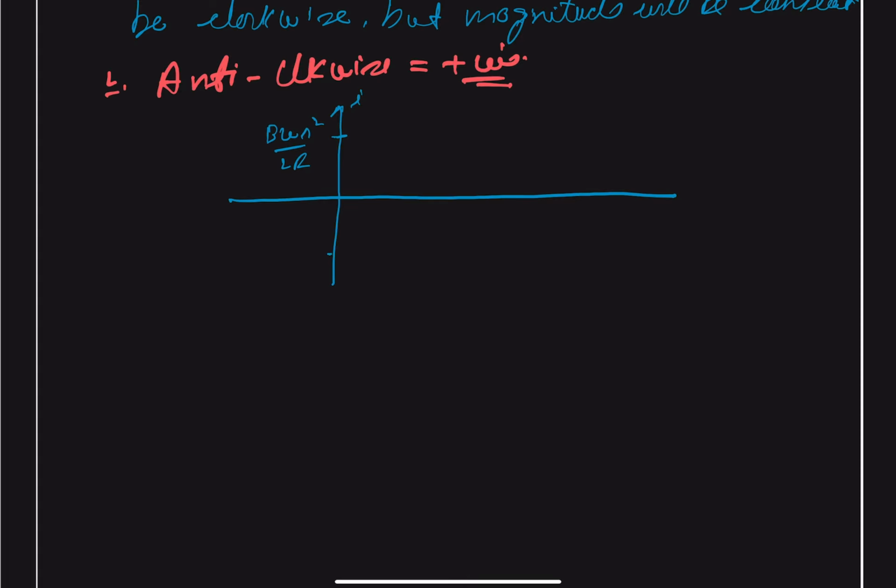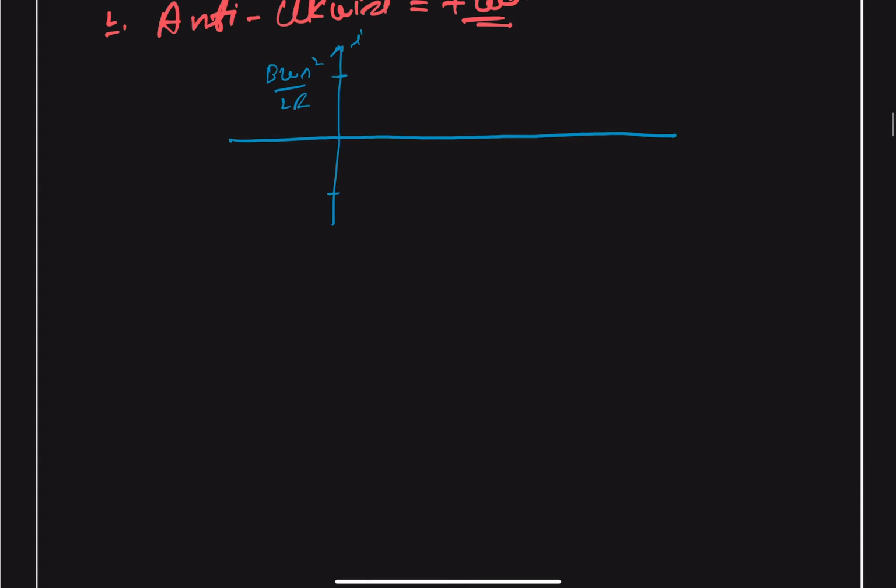Here negative will be of the same magnitude, minus B omega r square upon 2R, and this will be a kind of square wave.